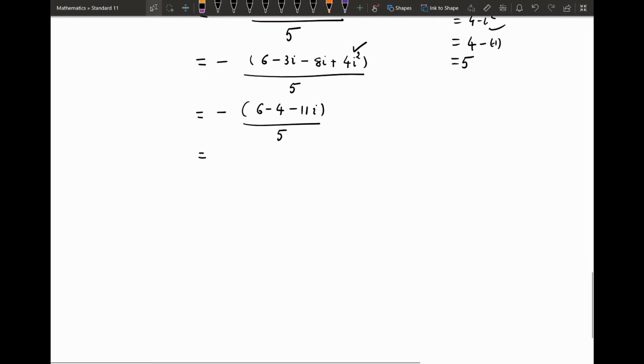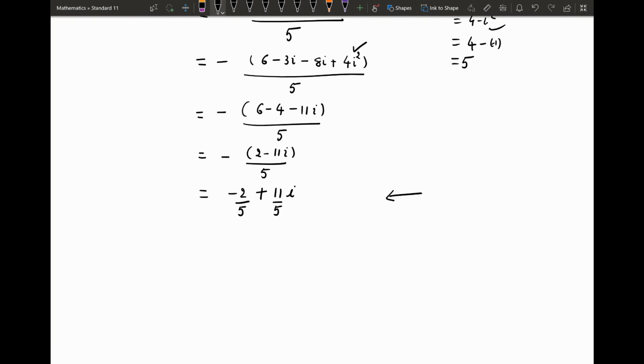Again further simplification. 6 minus 4, 2 minus 11i upon 5. Take minus inside, so minus 2 plus 11i.